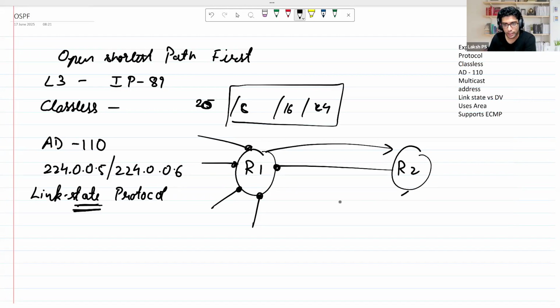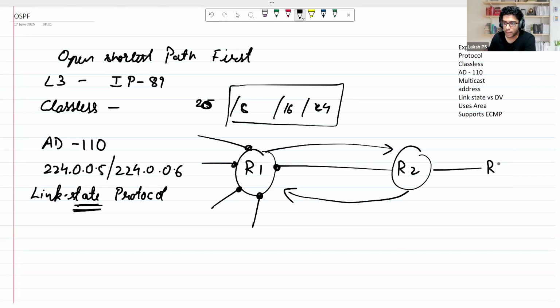Similarly, R2 will share its own state of the links with R1, right? And that is how they will know each other's links and their states. That is why this is called a link state protocol.